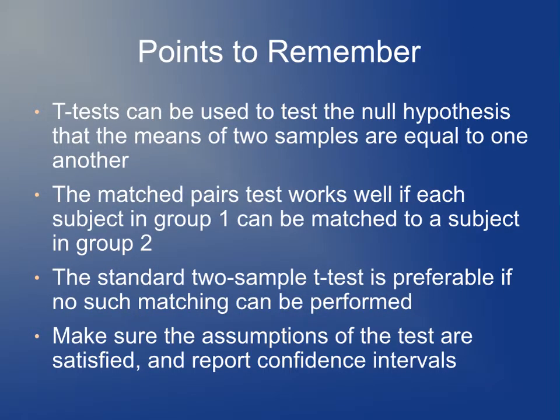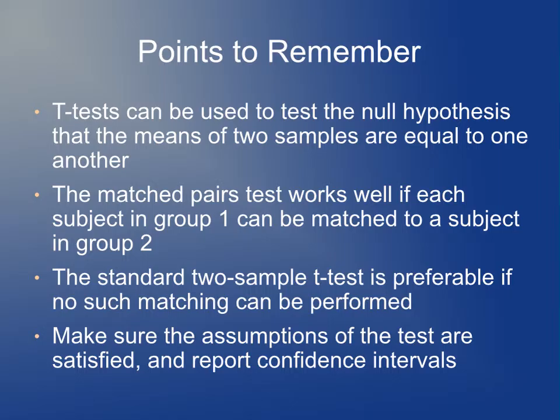Important things to remember from today's lecture: you use the two-sample t-test to test the null hypothesis that the means of two samples are equal to one another. The matched pairs test works well if each subject in group 1 can be matched to a subject in group 2. If you can't perform any sort of logical matching, which is true in most cases, you're better off using the unpaired t-test.